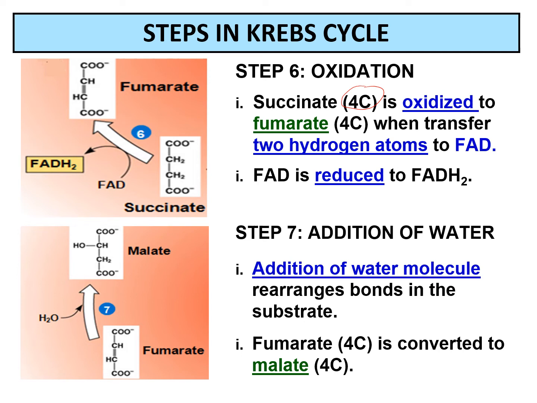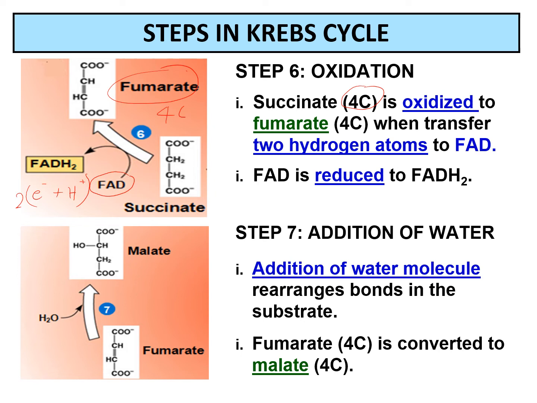Fumarate is also 4 carbon. So there will be no more decarboxylation or release of carbon dioxide. So succinate is oxidized by transferring the hydrogen atoms to FAD. FAD is reduced to FADH2, succinate is oxidized to fumarate.